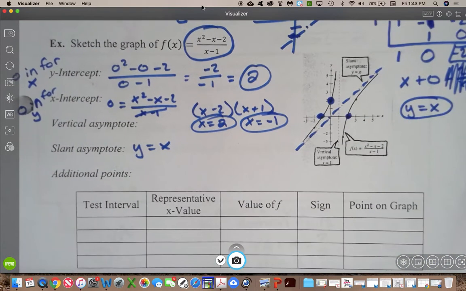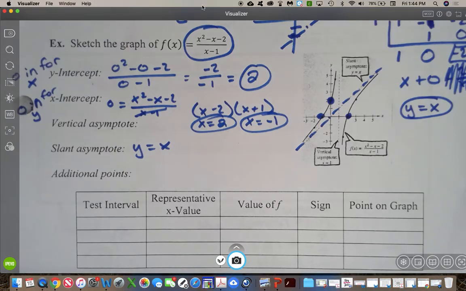All right, assuming I don't have this graph, that's all the information that I know right now. So what would be a good idea is to maybe plot some additional points on here. You don't necessarily have to do the test interval or representative value of x.